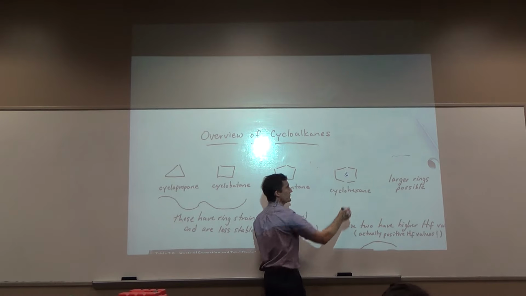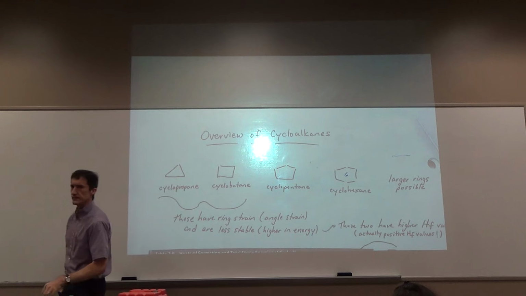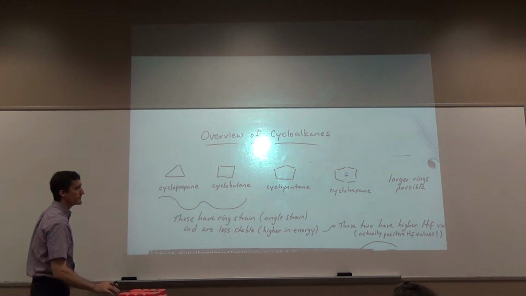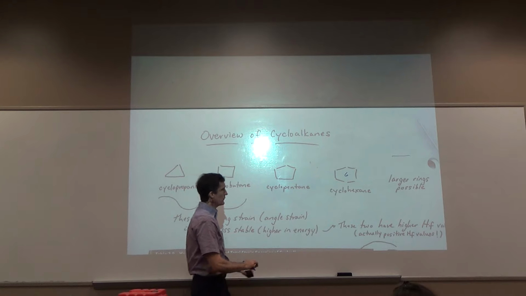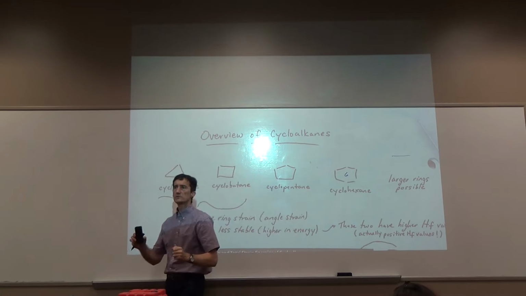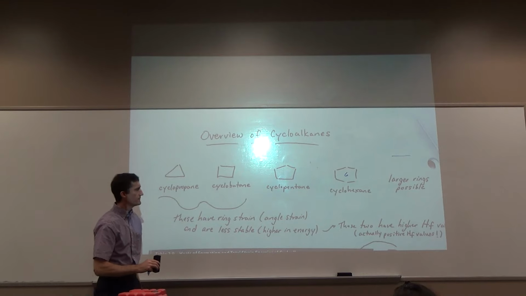Sometimes I'll write the size of the ring in there just to be quickly identified. You can have larger ones, like cyclooctanes, right? We will focus in on cyclohexanes because we'll look at their so-called conformations, substitution patterns, etc.